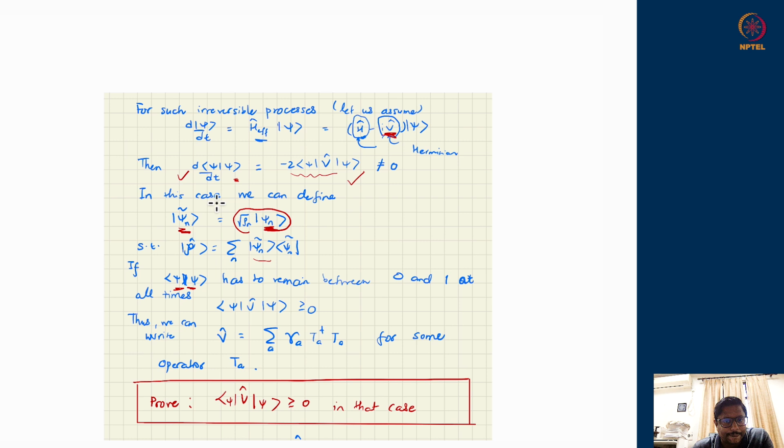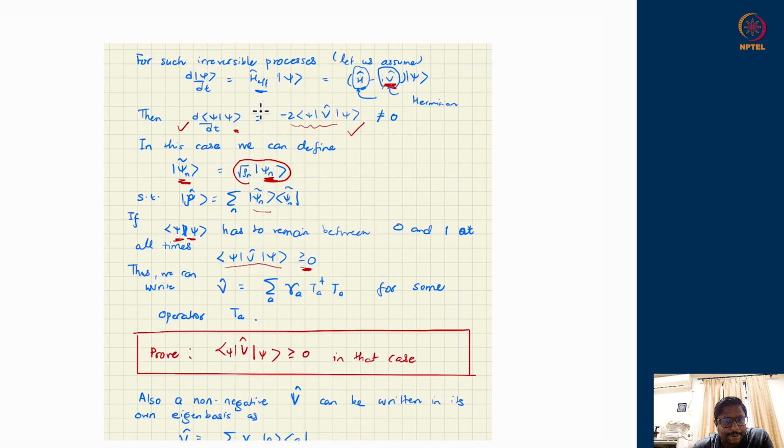That can be ensured if the right hand side, which is appearing as -2 times the expectation of V in ψ, is such that the expectation of V is positive semi-definite. Then you can show that this object over here, dψ upon dt, only decreases in time, first thing.